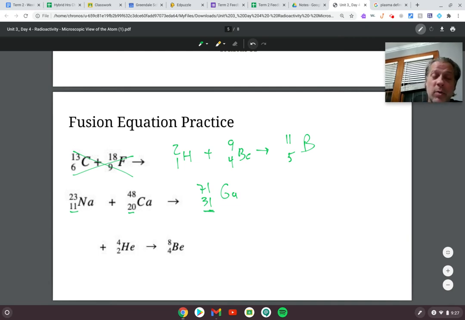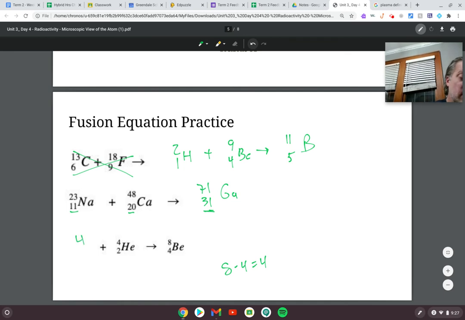Which brings me up to my next one, where I know what my product is, which in this case is beryllium, which has a mass number of 8 and an atomic number of 4. But on my left side, I don't know what hydrogen was fused with. So I'm going to take 8 minus 4, and I find out that is 4.